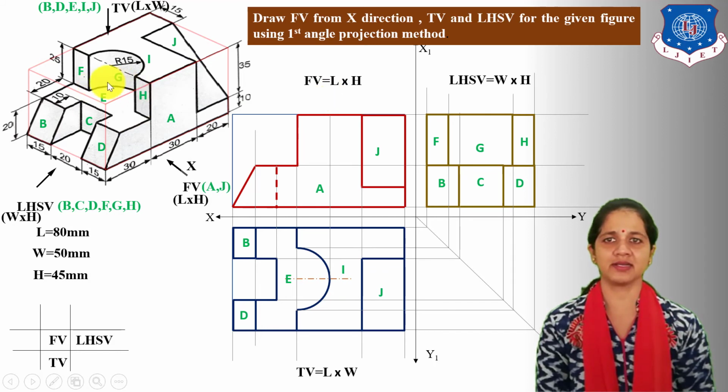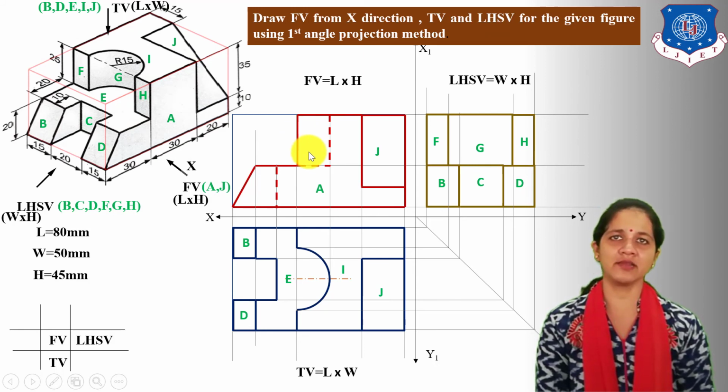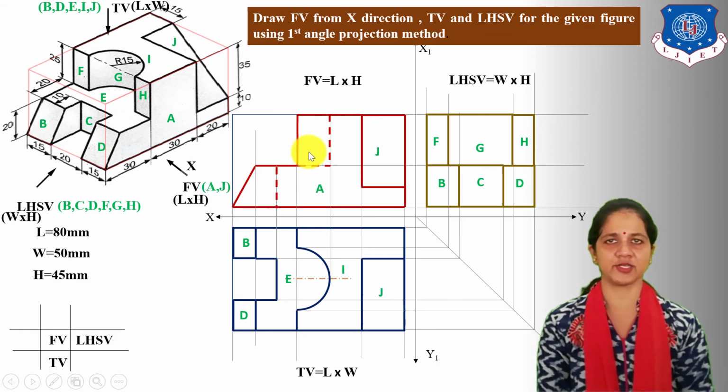This arc becomes straight, parallel to the length, and locate the height of the curved surface. So this rectangle indicates the G surface, which is invisible from the front direction.